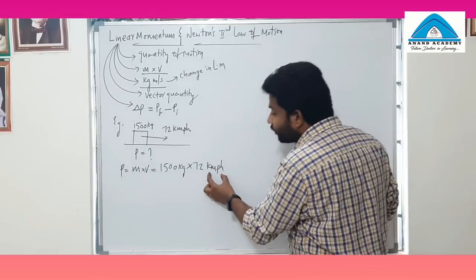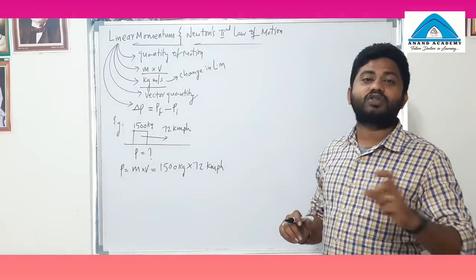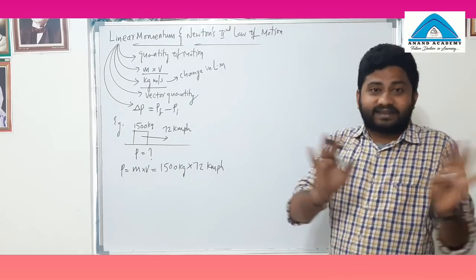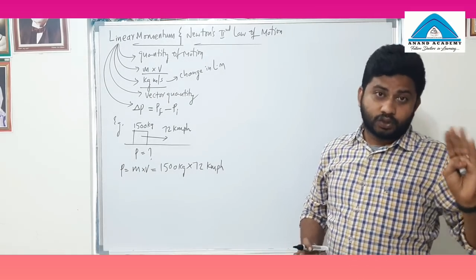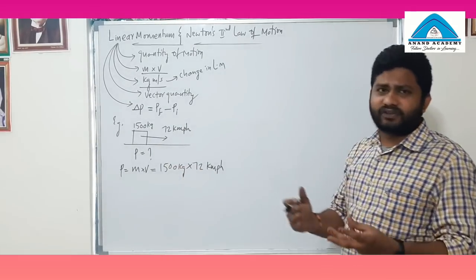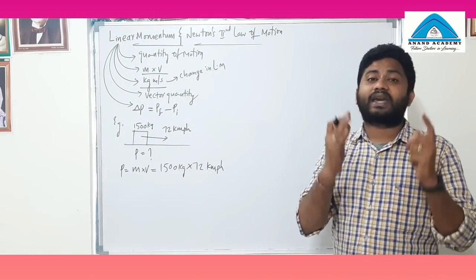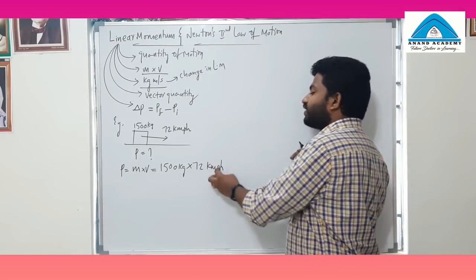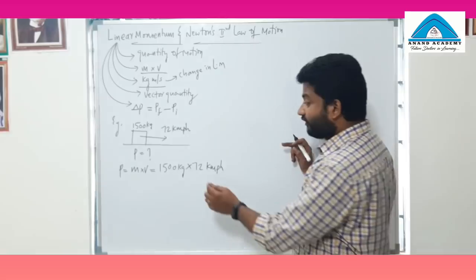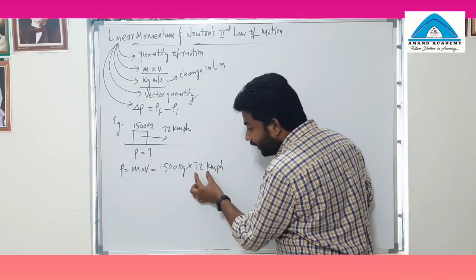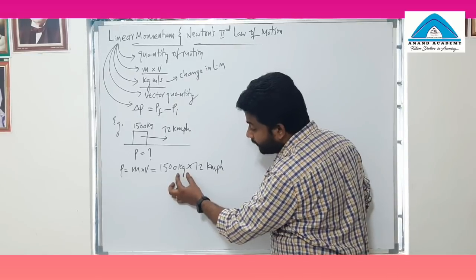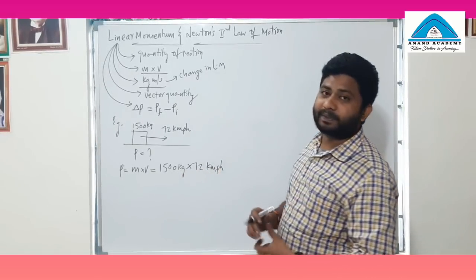When you are multiplying or dividing physical quantities, remember carefully, all of them must have a similar system of units. If it is in grams, the speed must be in centimeter per second. If it is in kilogram, the speed must be in meter per second.